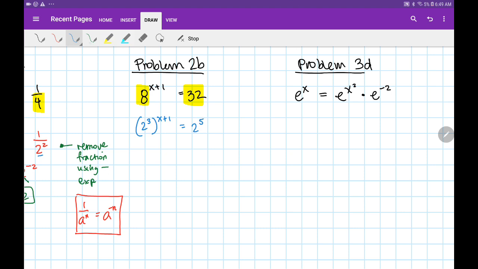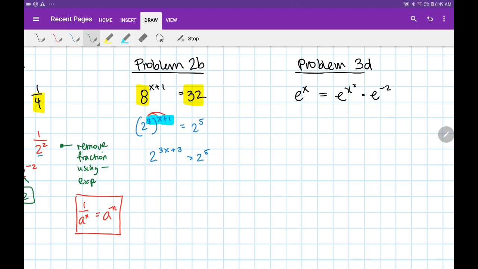Now I have some work to do. Notice that we have this power to a power. That means using our rules from earlier that we will multiply. So in my next step, I'm going to rewrite this as 2 to the 3x plus 3. Notice that I distributed. I had to multiply these together. Equals 2 to the 5.